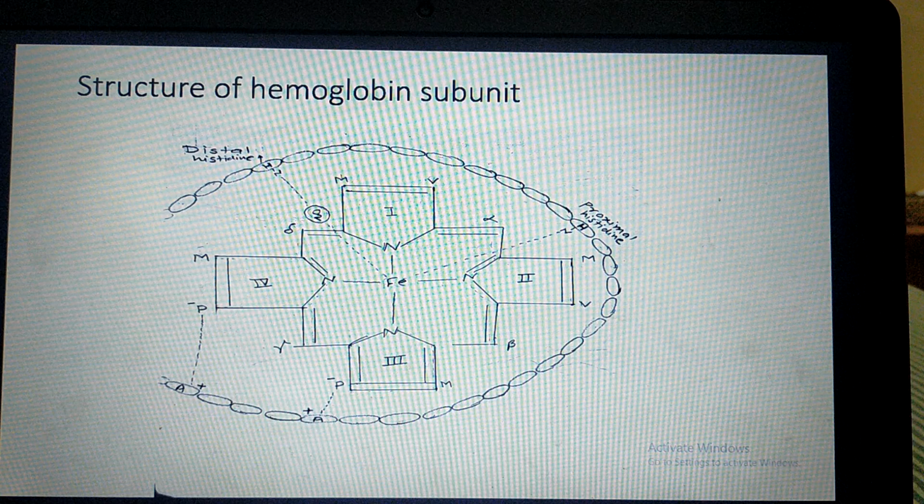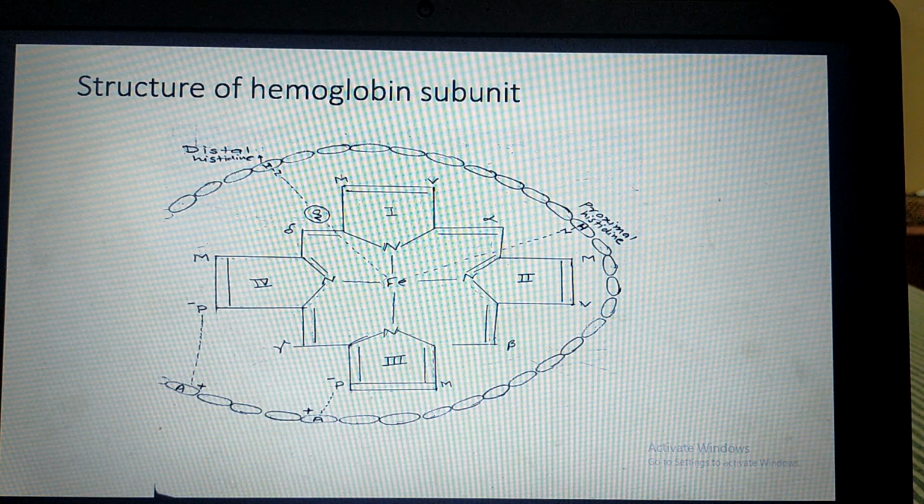And if the iron is in ferrous form, it forms a bond with oxygen, and that oxygen forms a bond with the distal histidine nitrogen. So these are the two attachments. But if iron is in ferric form, this bond does not exist. The bond with distal histidine does not exist.